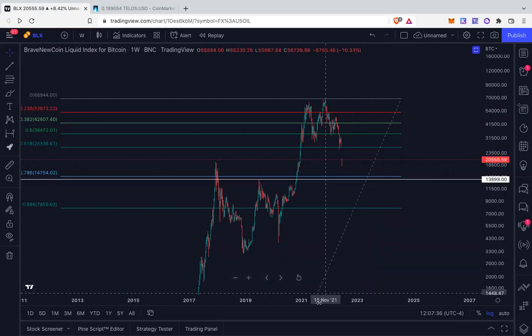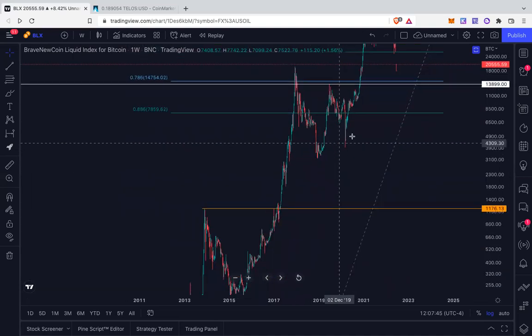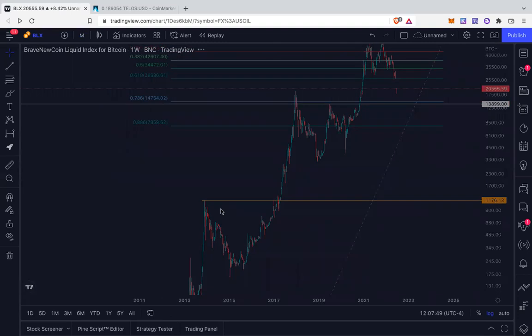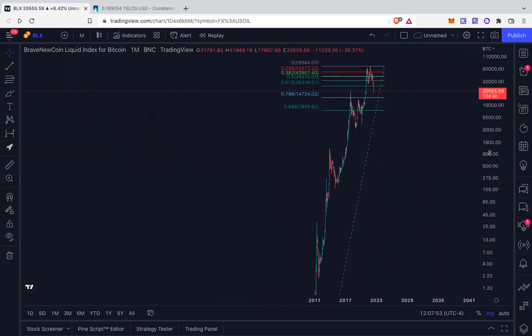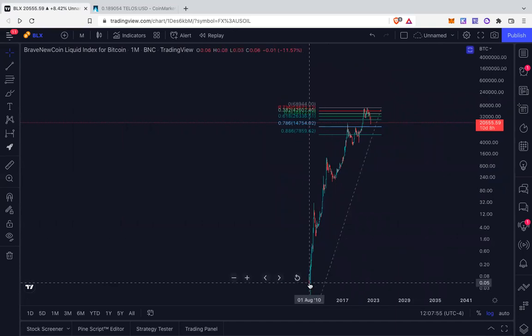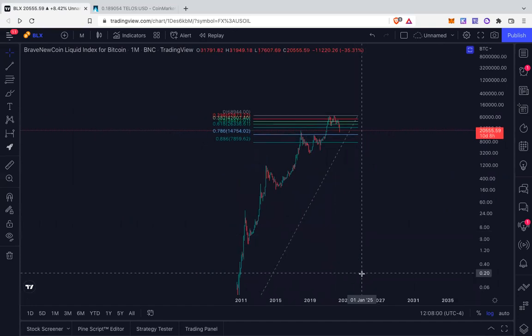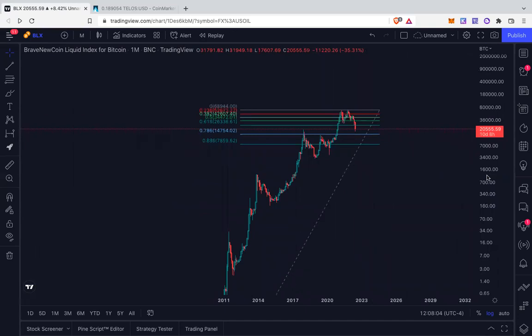And I'm using that now because you have hit that previous cycle high. You've never done that in the history of BTC. So that's signaling, on this chart, the end of the 11-year plus bull run in cryptocurrency with BTC. That's signaling the end of this run.